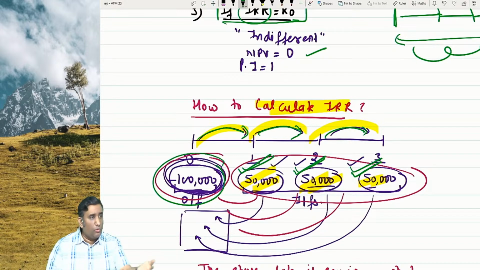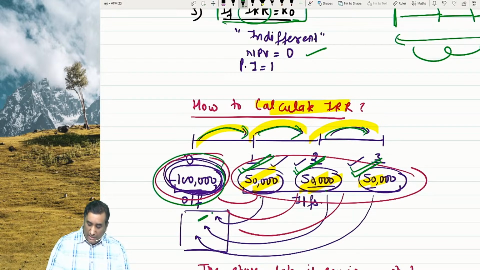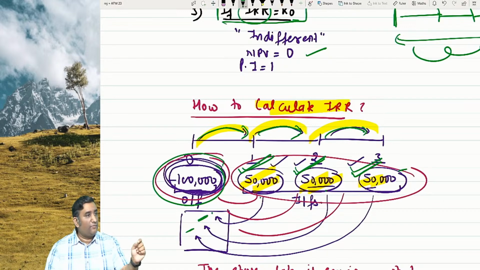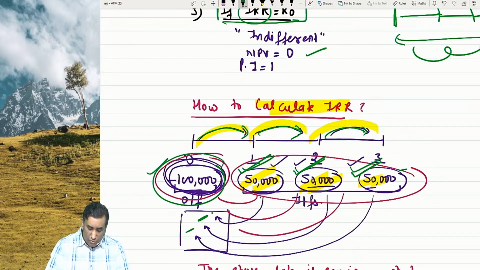Since you do not know your earning rate, do one thing. If you are standing at 1 year, come to 0 period. If you are standing at 2 years, come to 0 period. If you are standing at 3 years, come to 0 period, and calculate a rate which brings all three of you at 0 period and makes you equal to what? 1 lakh. It means your earning is as good as the discount. This rate is as good as the earning rate.